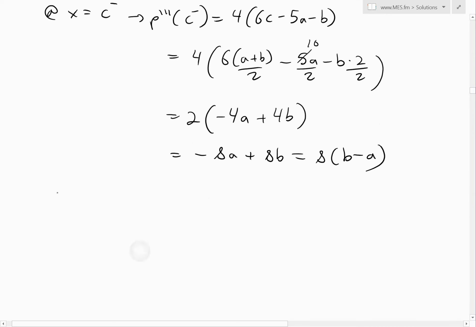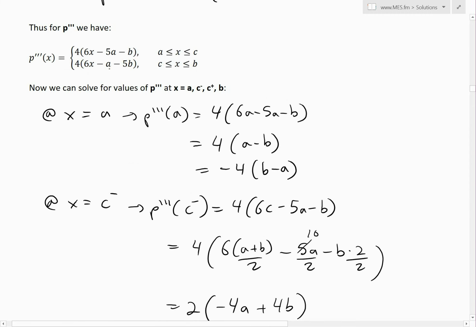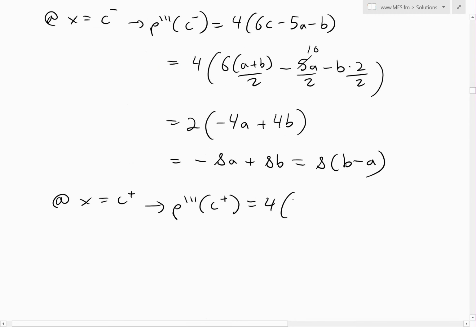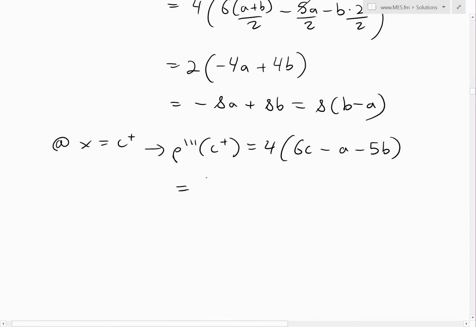And now we look at x from the right side, c from the right side. At x equals c plus, we have p triple prime of c plus equals 4, and now we're plugging into this equation where there's a 1a and 5b, like that. So we have 6c minus a minus 5b. And again, this equals 4 times 6 times a plus b over 2 minus a, put the common denominator, 2 over 2, minus 10b over 2.